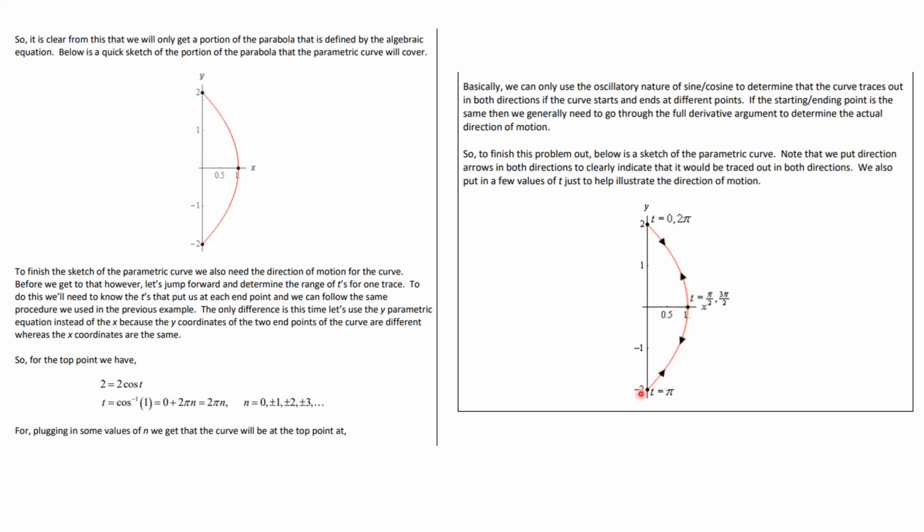You get down here at t equal pi. Then you start going back. You get back here at t equal 3 pi over 2, and you return to your point of origin at 2 pi. So you see this motion goes down and back up. We talk about this being the oscillatory nature of the sine and cosine. So you see we start here, go down, and then go back. So we're retracing in a backwards direction.